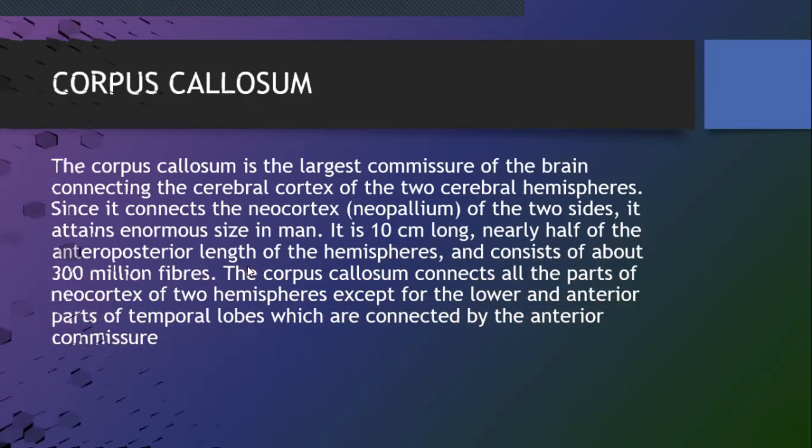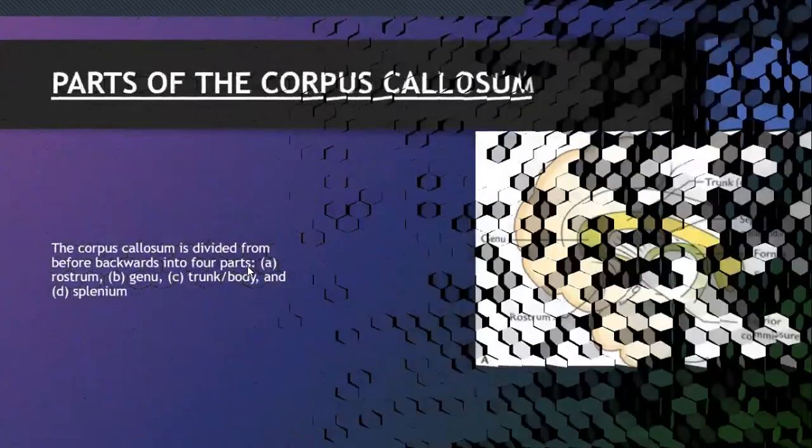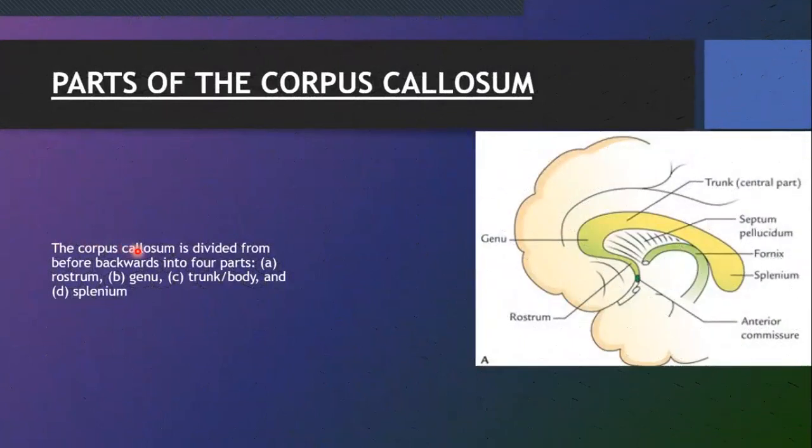Okay, now let's look at the parts of the corpus callosum. The corpus callosum is divided from before backwards into 4 parts. It has a rostrum, a genu, a trunk or a body, and a splenium. This is the rostrum. Then you have a genu here.